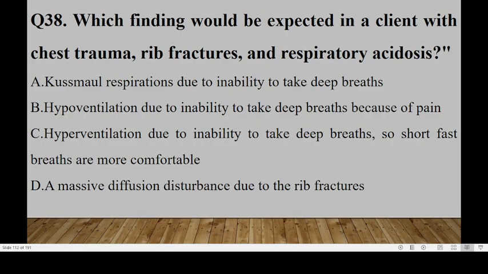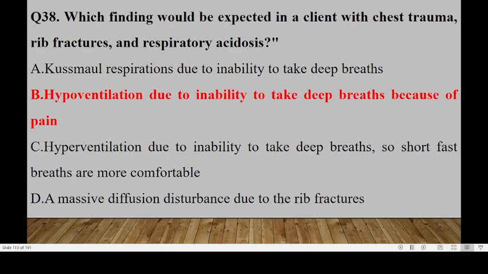Which finding will be expected in a client with a chest trauma, rib fractures, and respiratory acidosis? Of course, they are going to have hypoventilation. This hypoventilation is due to the inability to take a deep breath because of the pain.